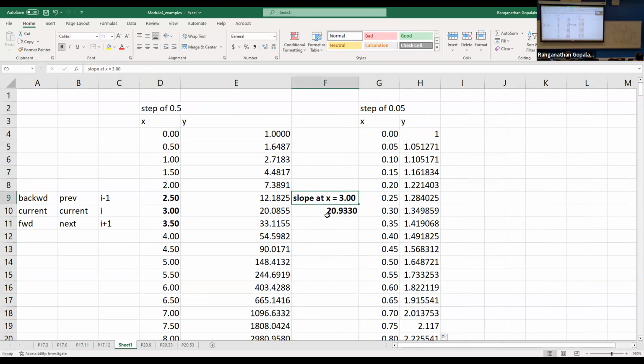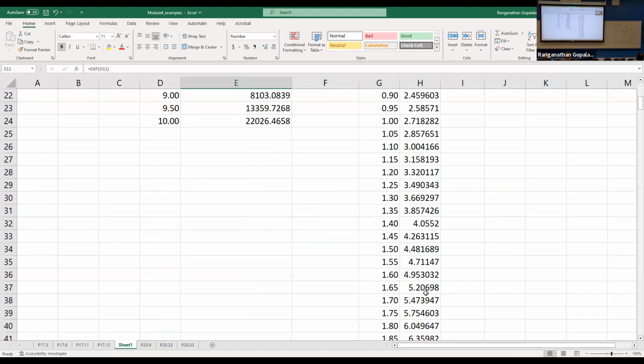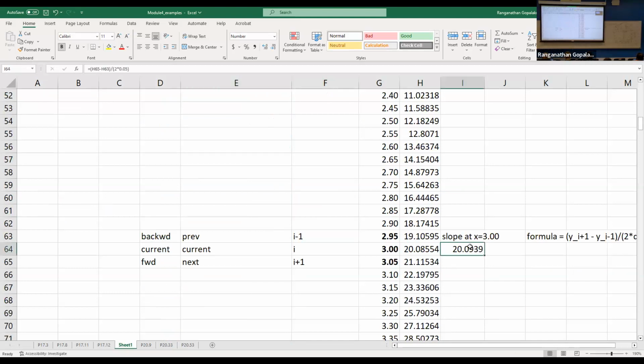I'll give you time. Here is the illustration. At x equals 3, okay, I get my value of y to be 20.08, and the slope is around 20.93. Okay, let's go over to the fine resolution data and see what the slope happens to be.